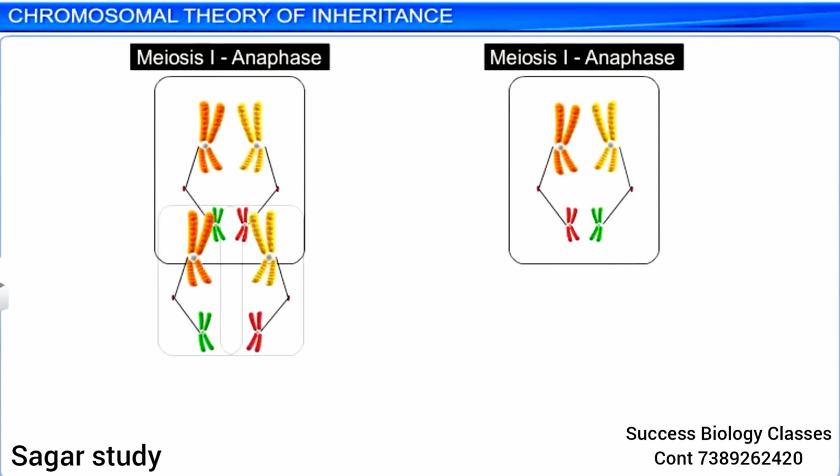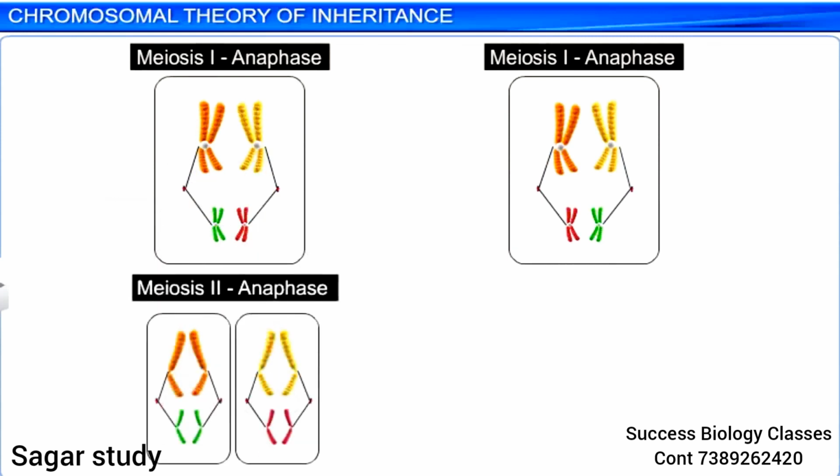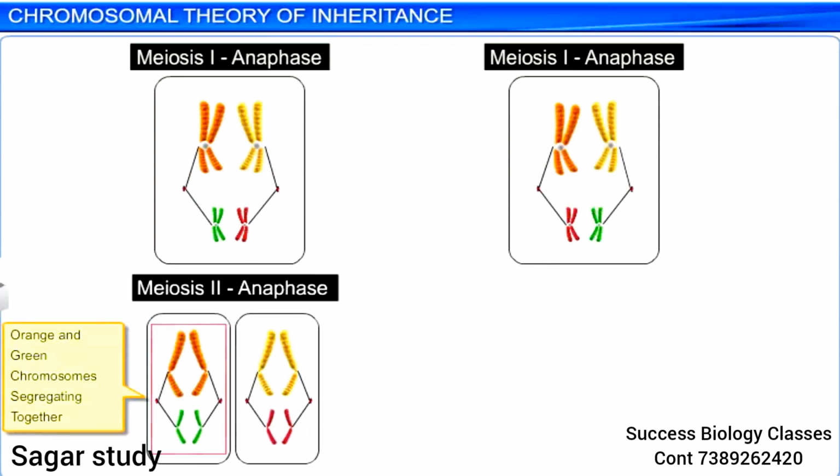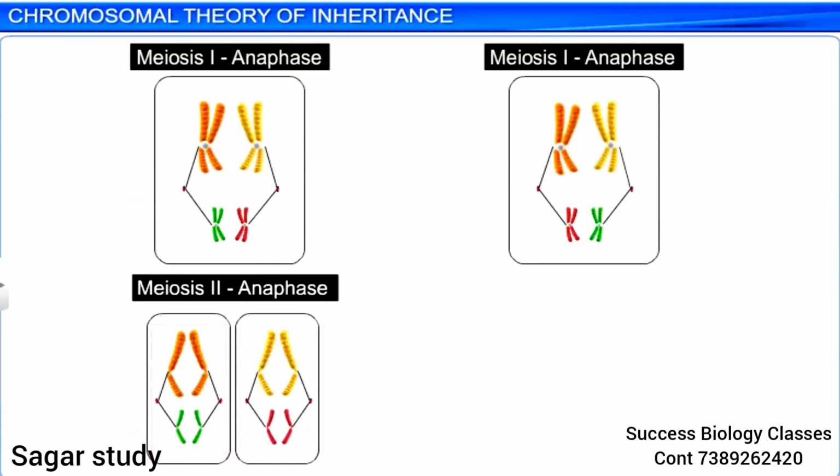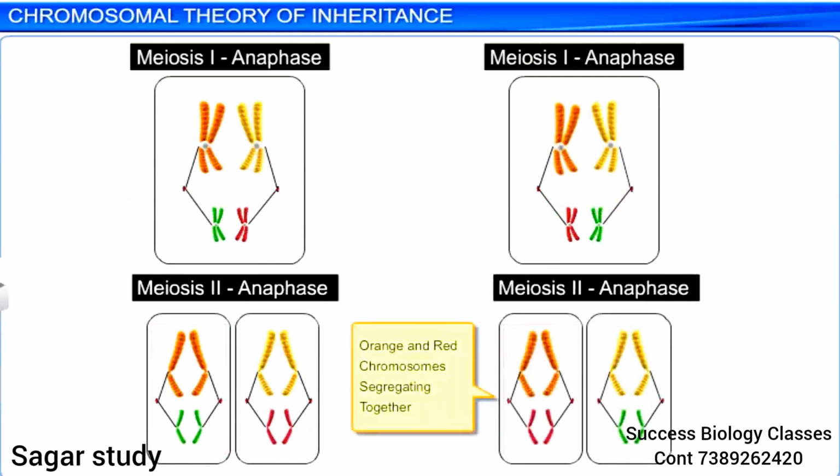Now, during the anaphase stage of meiosis II, you can see the orange and green chromosomes segregating together in the cell on the left, while the orange and red chromosomes segregate together in the cell on the right.